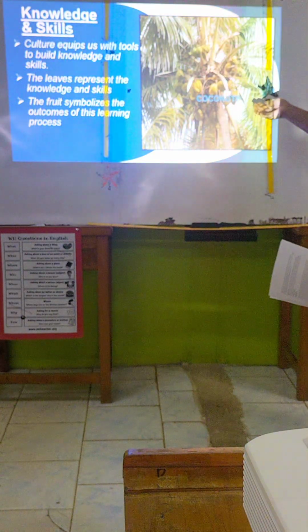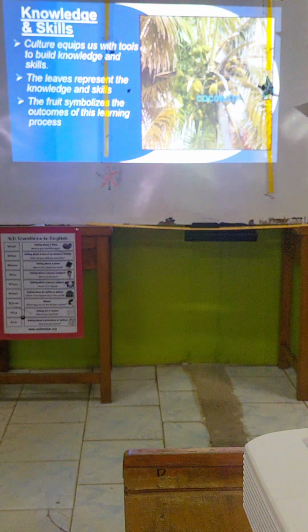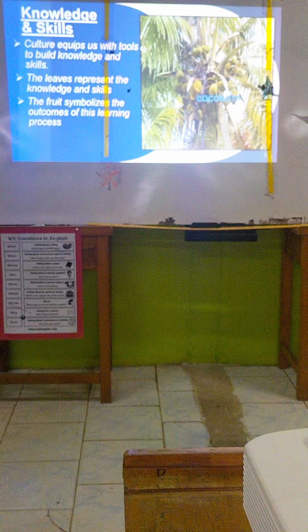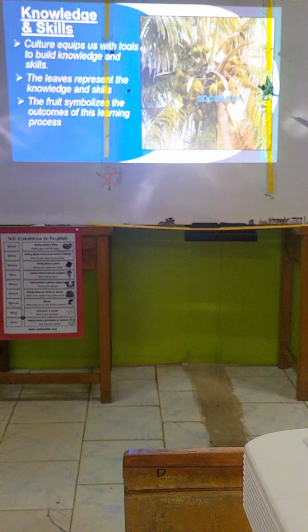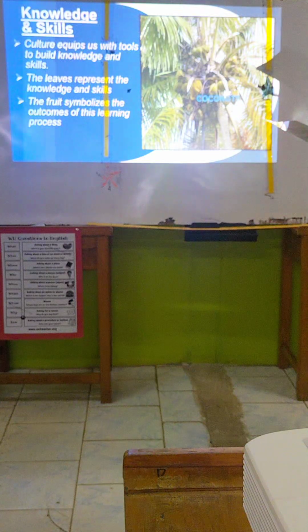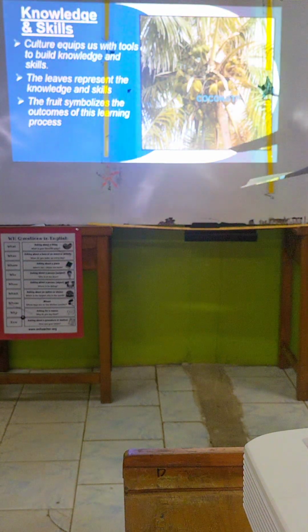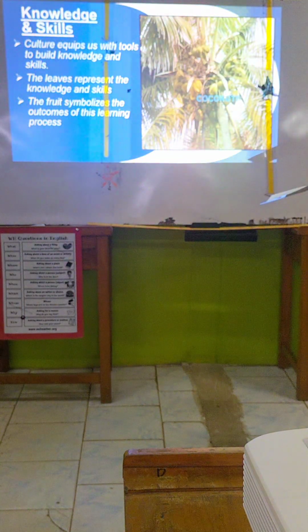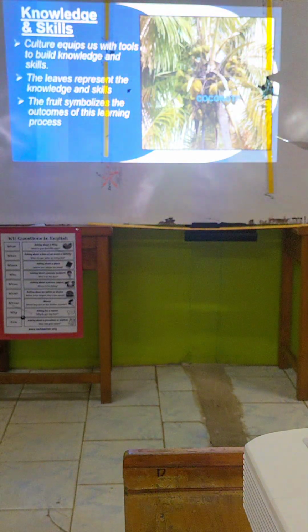Also, you can see there are coconut leaves. Okay, the leaves of the coconut tree represent the emotional and social development resulting from healthy interaction and cultural context. We all know that leaves are useful. Okay, coconut leaf is used to make baskets, to make other important things in our community.